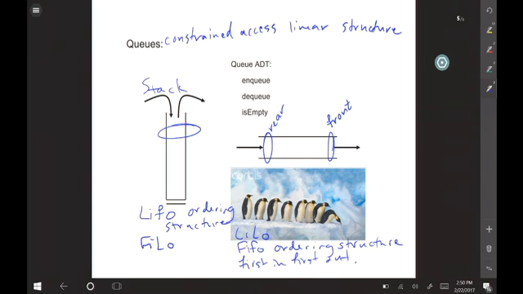So if there is an application that only needs the first and the last of a structure ever, then we're going to give them a queue. If it only needs the top, we're going to give them a stack. If it needs random access, we're going to give them a list. So we do this just to help the clients.